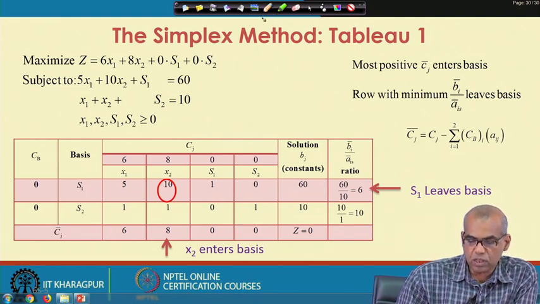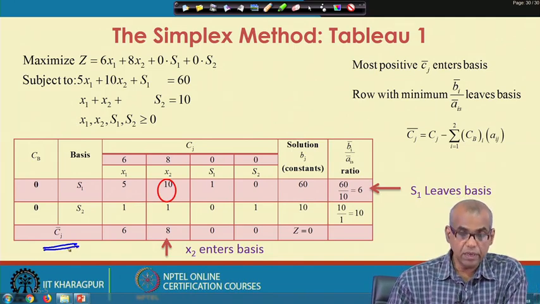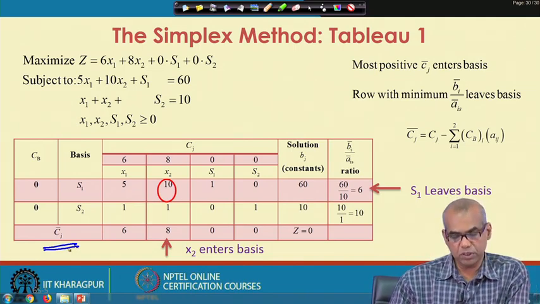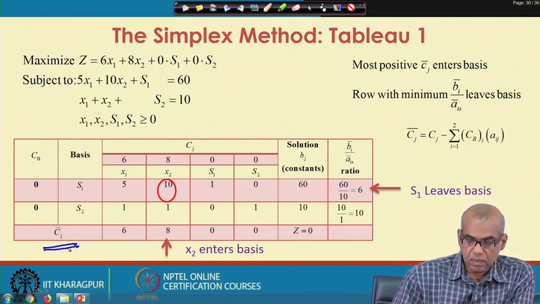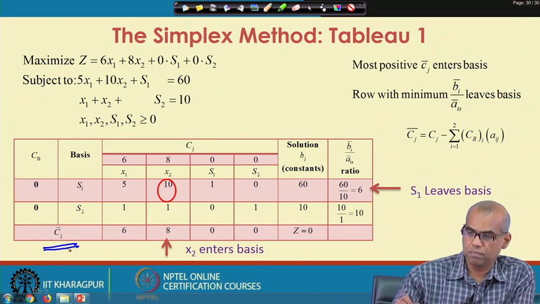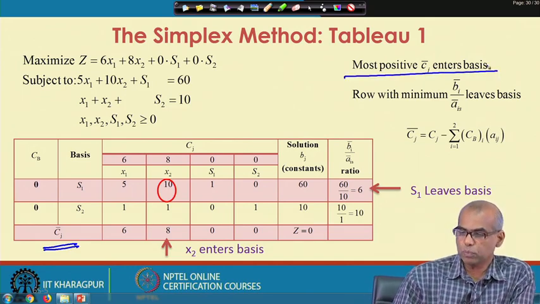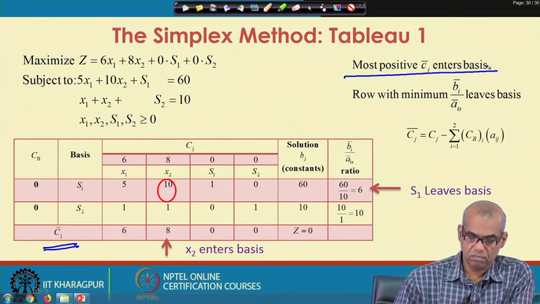We are focusing on this column because after we have found out the reduced or the relative profit coefficients, we see that relative profit coefficient for x2 is most positive. So, most positive Cj bar enters basis. So, x2 enters basis.